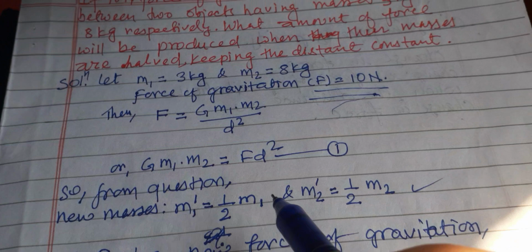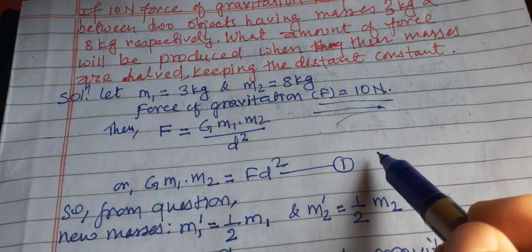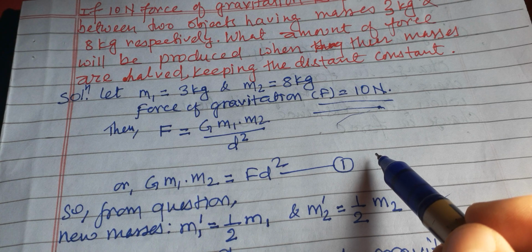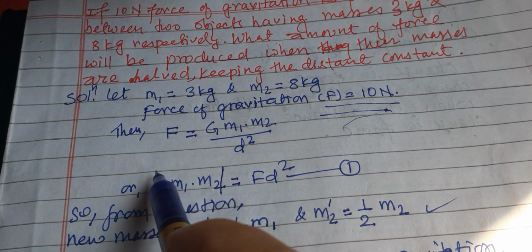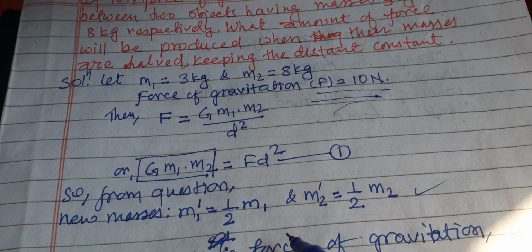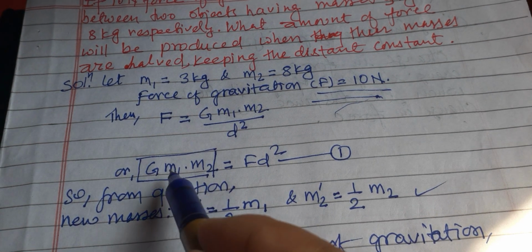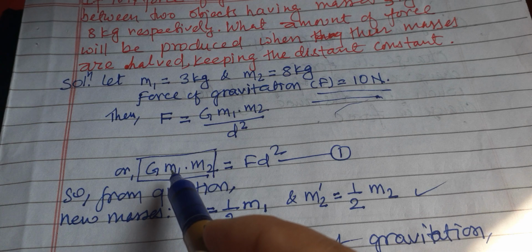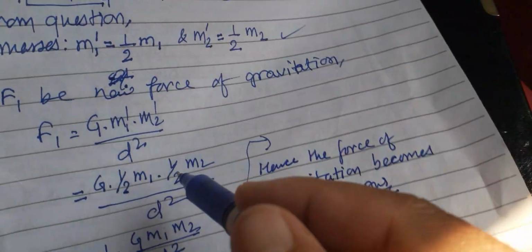Now in relation 1, G m1 m2 is F d square, as in the previous case. In this type of problem, we do not need to put the values of m1 and m2. We can find the answer without using them, like this.